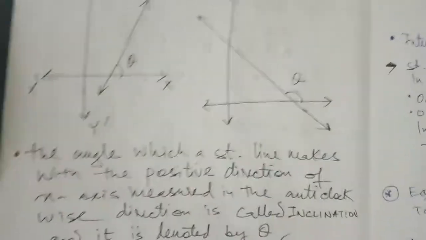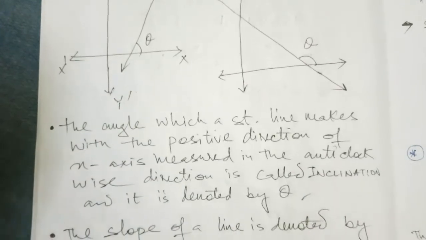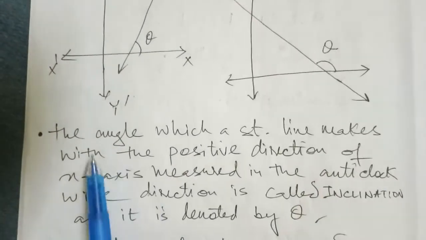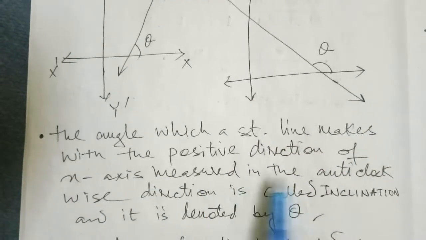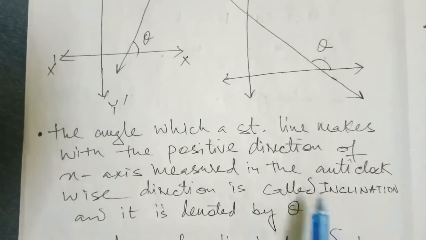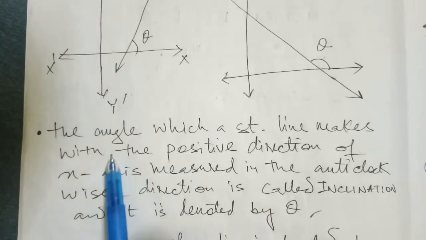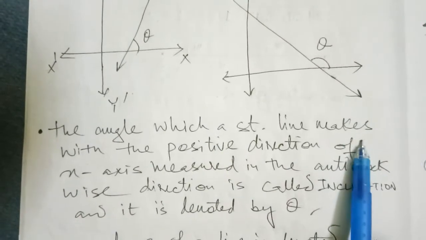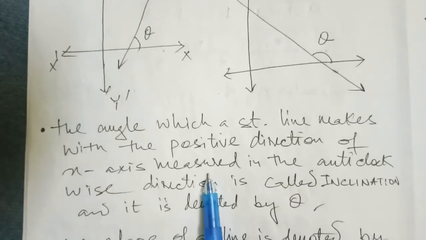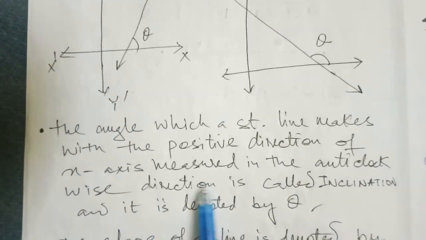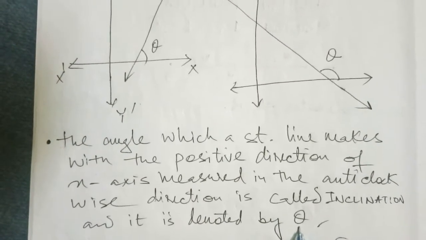Now I'm explaining what is given over here. The angle which a straight line makes with the positive direction of the x-axis, measured in the anti-clockwise direction, is called inclination, and it is denoted by theta.